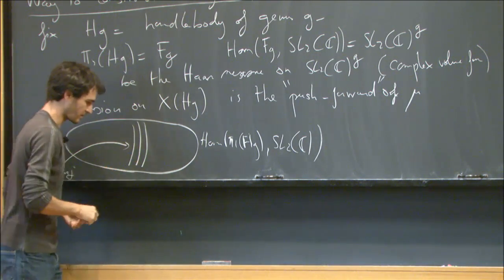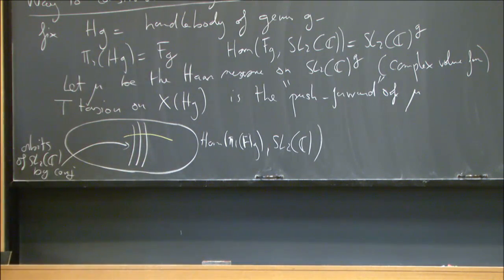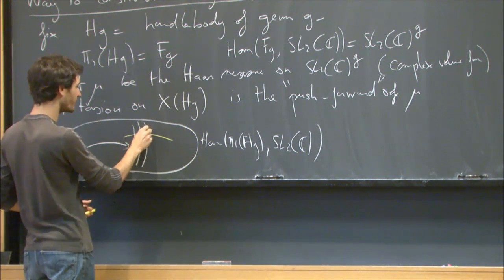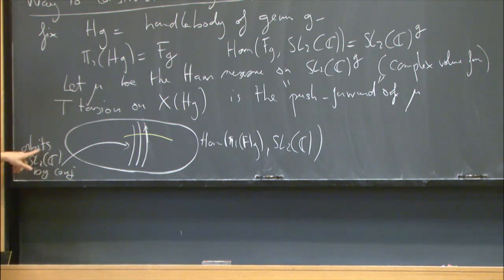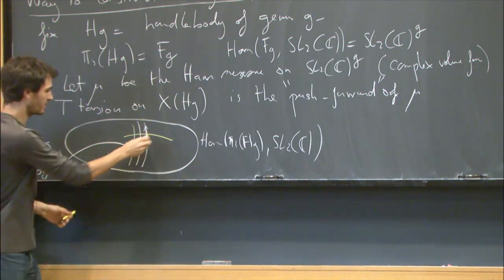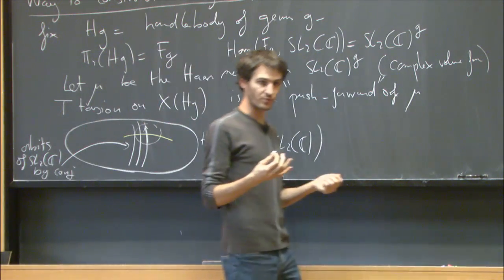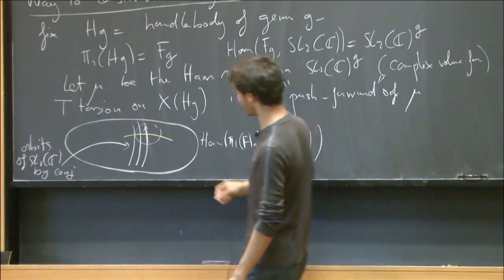So the character variety is just a quotient. I can find a slice here, and this slice is exactly the character variety. So I have a volume form on the slice because it's given by the Lie algebra of SL2C, which has a natural volume, and I have a volume in the total space because the total space is also a Lie group. So I quotient a Lie group by another Lie group, then in the quotient I can make a volume form just here.